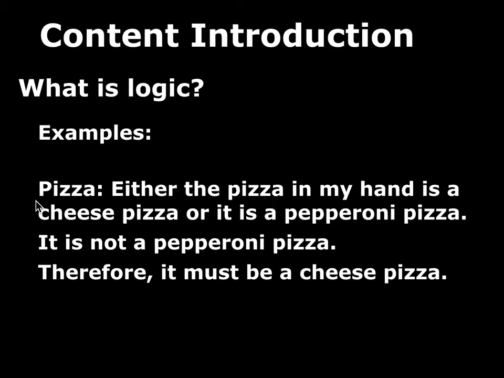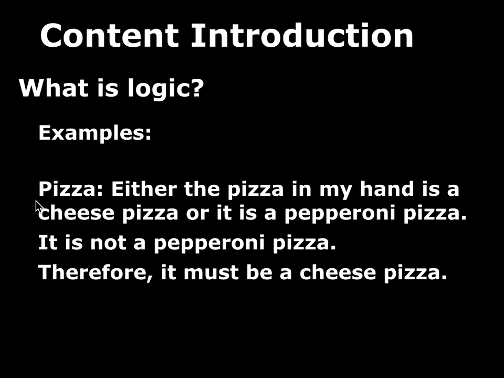Her dad's pretty reliable about these things, so that's a pretty good assumption, because that's where that piece of information came from. It's not pepperoni. How does she know it's not pepperoni? Well, because she looked in the other one, and the other one was the pepperoni pizza. So those are the pieces of information she had at that point in time. But she knew that from those two pieces of information, a new piece of information followed, right?